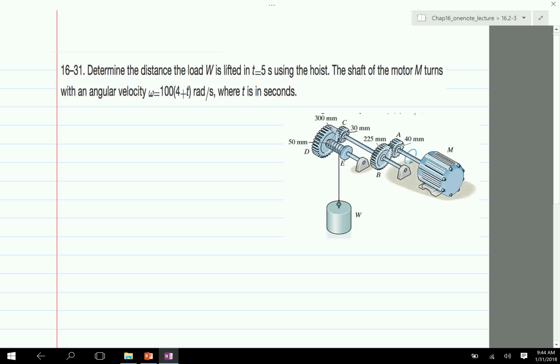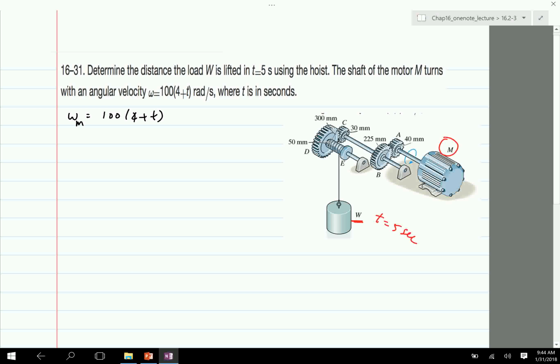Determine the distance the load W is lifted in 5 seconds using the hoist. The shaft of the motor M turns with an angular speed of omega M equals 100 times (4 plus t).